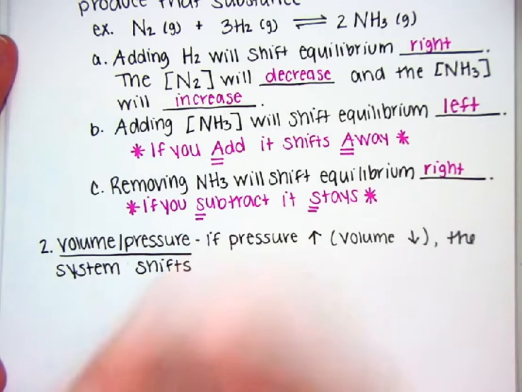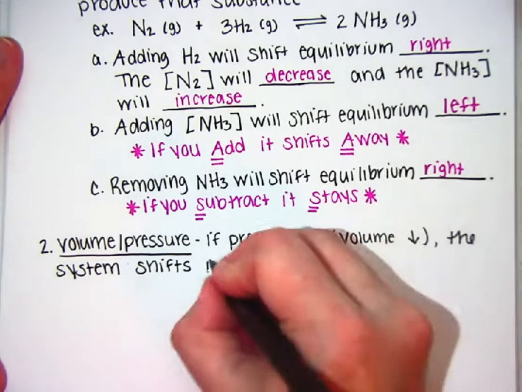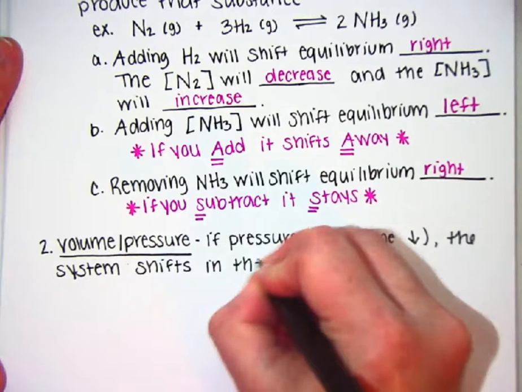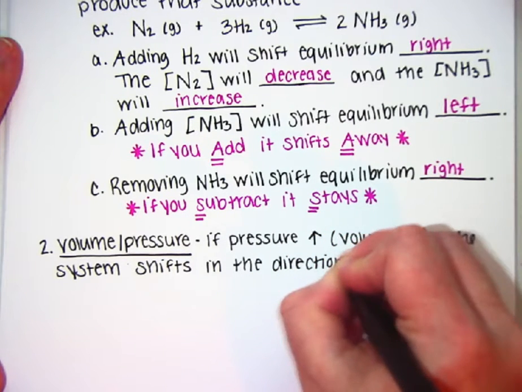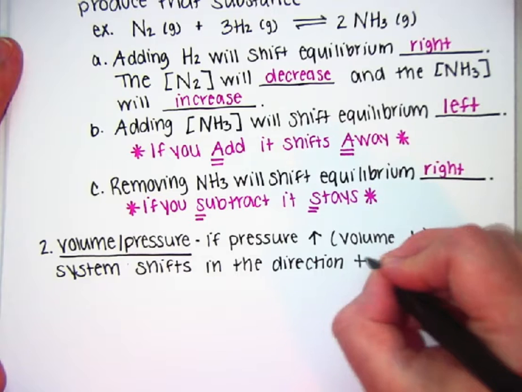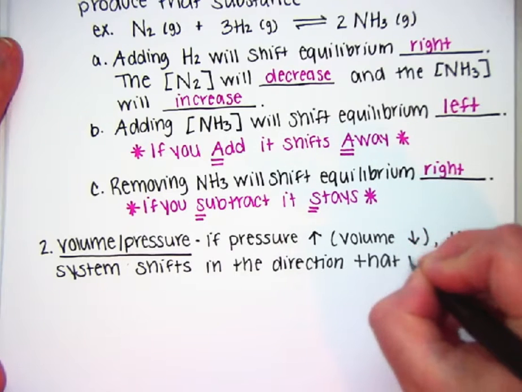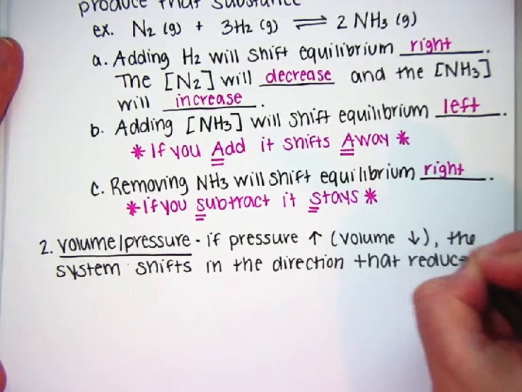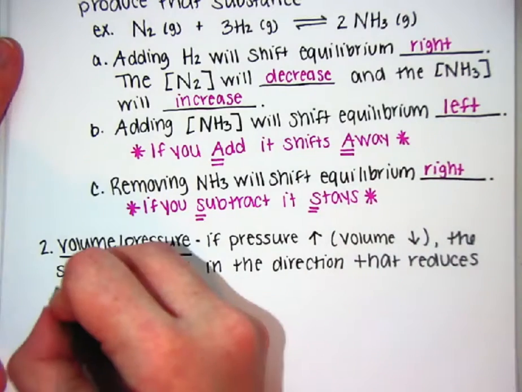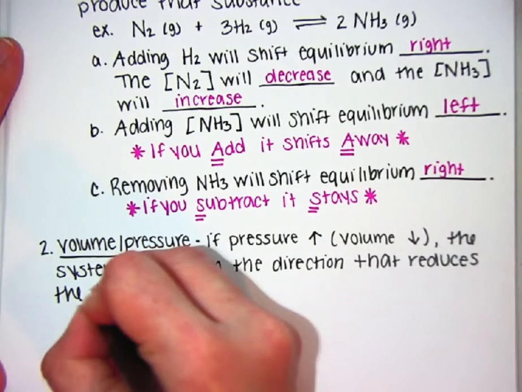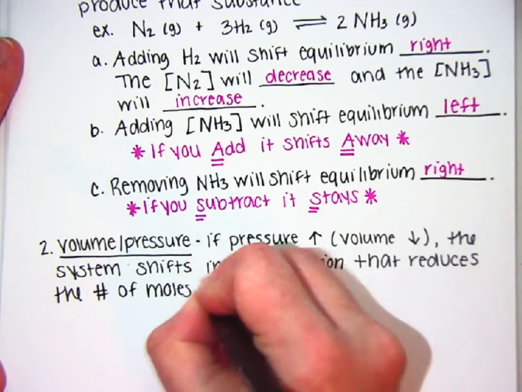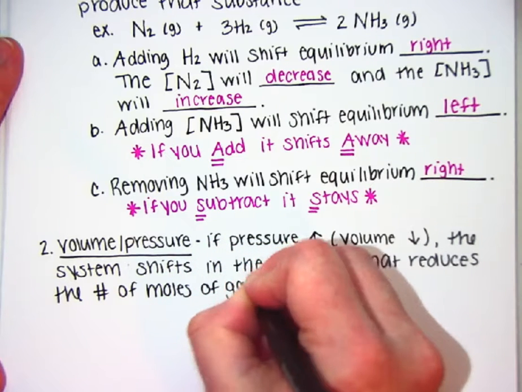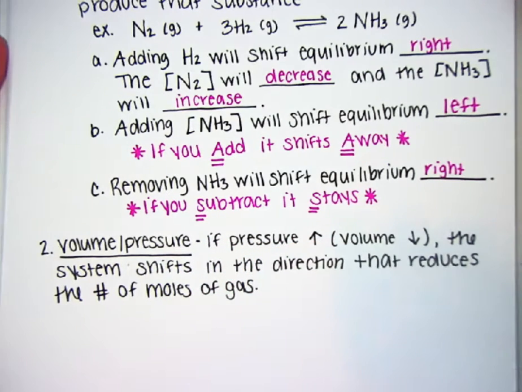The system shifts in the direction that reduces the number of moles of gas. Pressure and volume is only going to affect gas.